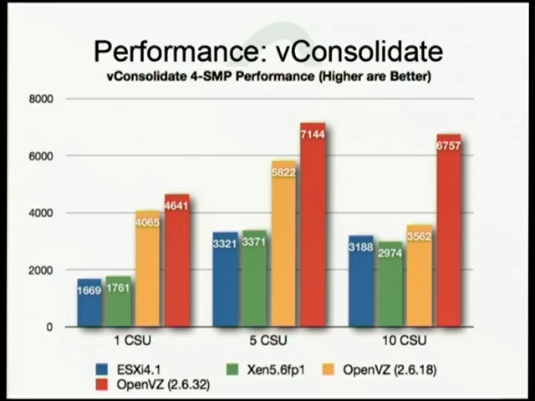And the two last items, orange and red, are OpenVZ, just different kernels. The orange one is the kernel based on RHEL 5, and the red one is the kernel that is based on RHEL 6, which is better in terms of SMP scalability. They fixed a few locks and contentions.